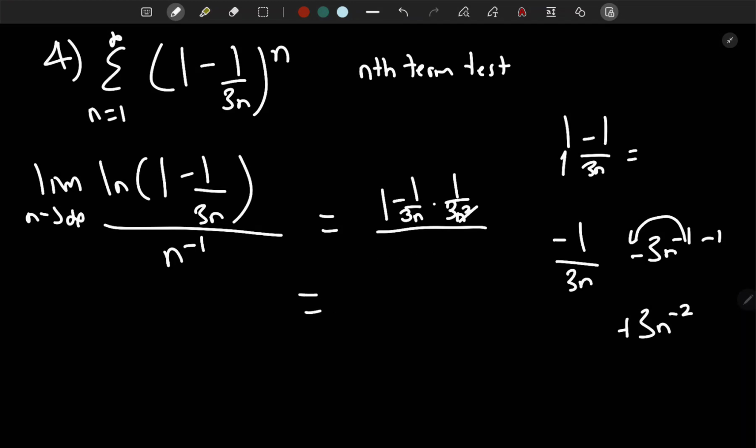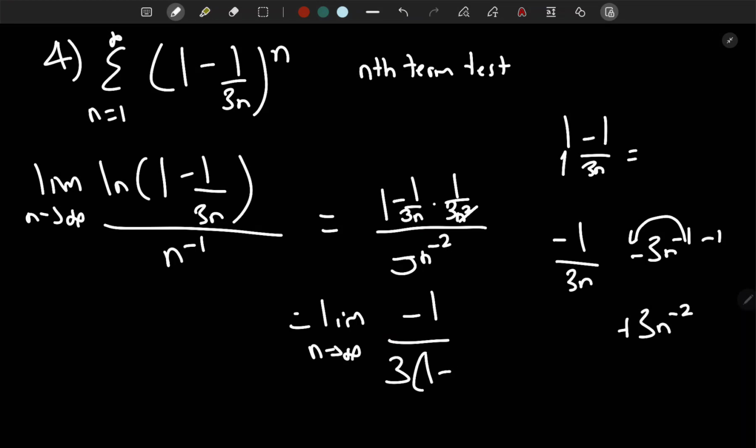Actually, let me leave that here and cancel it in our next writing. So we are going to get the limit as n approaches infinity of -1, since there was a negative sign over here, over 3 multiplied by 1 minus 1 over 3n.